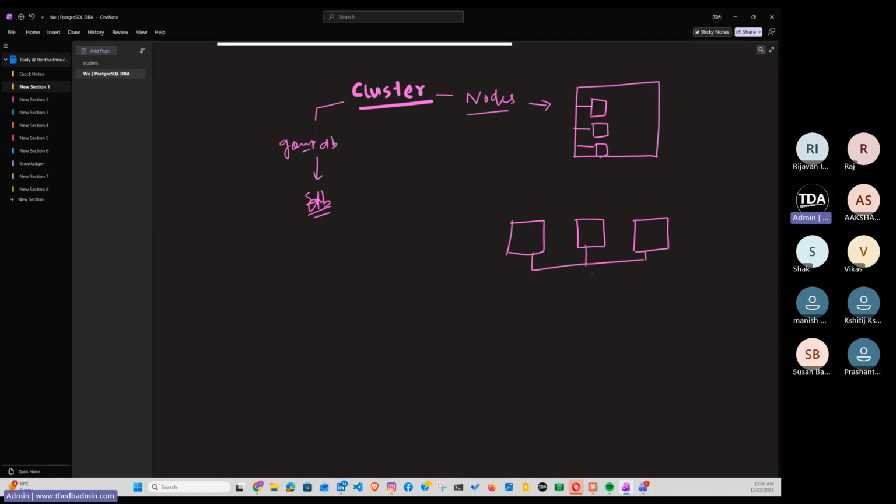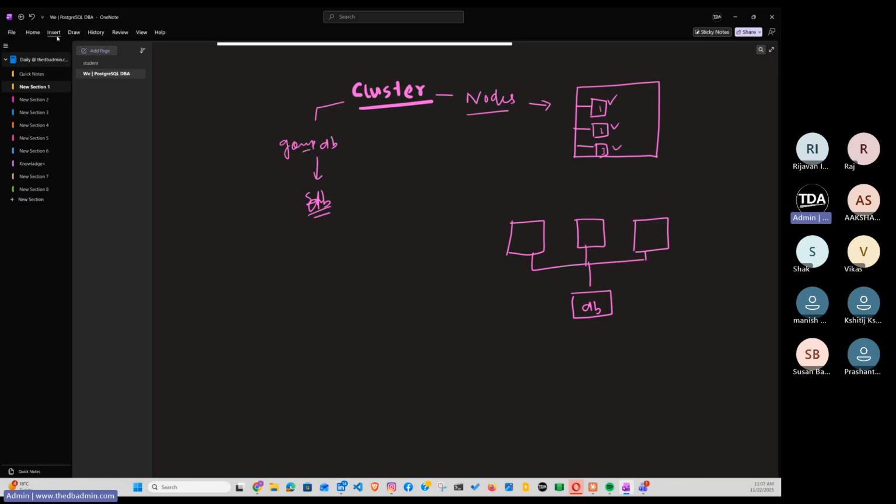They are not referring to that architecture or structure. They are referring to the architecture where I have a single node and multiple databases are running. Okay, so this is the first correction in our concept, which is related only to Postgres.